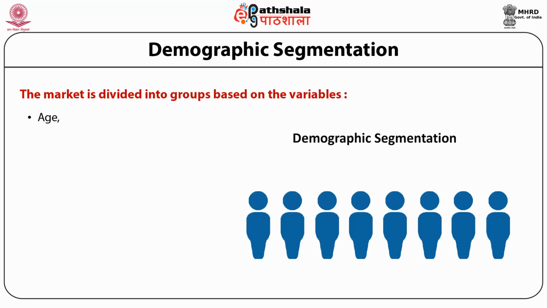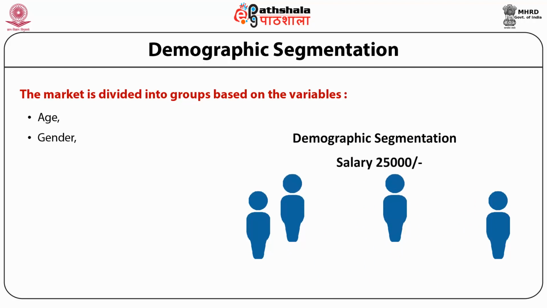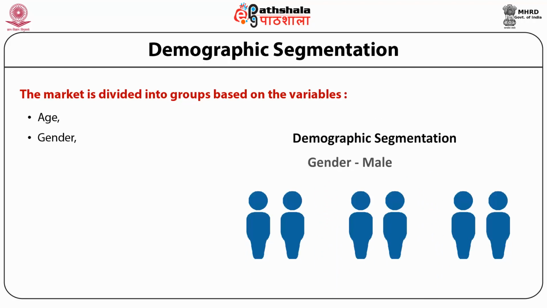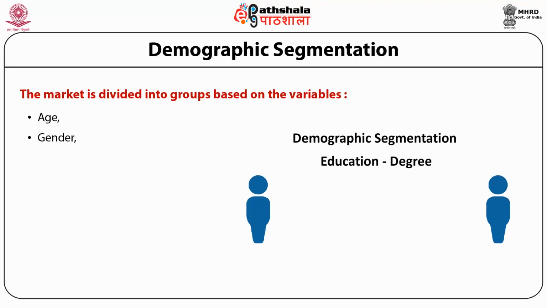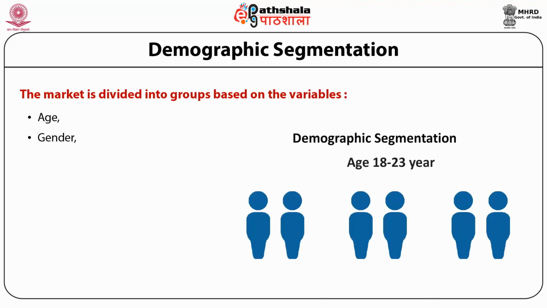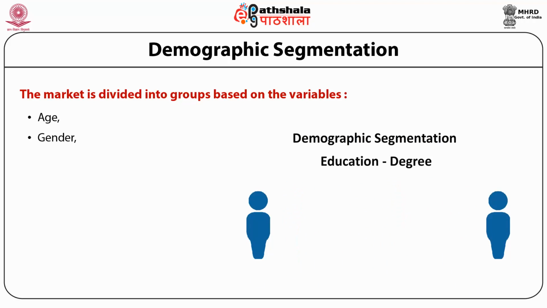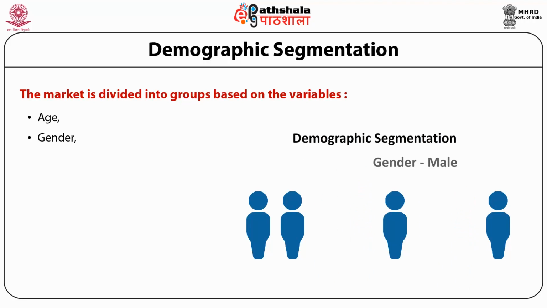Likewise, we can divide the market on the basis of gender. Males and females have different characteristics, their tastes and likings are different, and in accordance with their tastes and likings, the products are designed, priced and distributed.